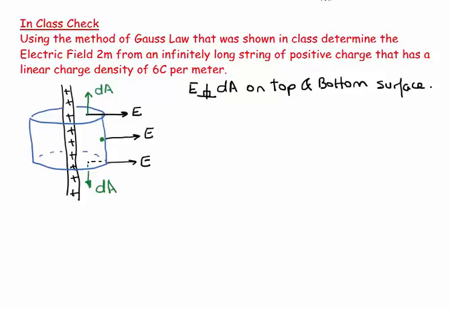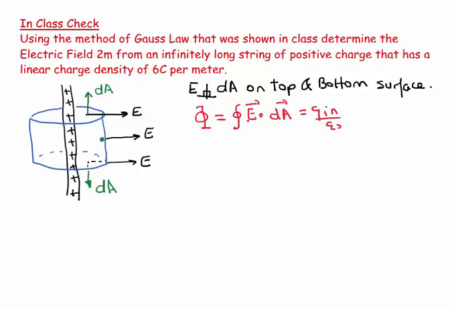So what this means is when I put in Gauss's law, flux is equal to the surface integral of E dot dA, which equals Q enclosed over epsilon naught.